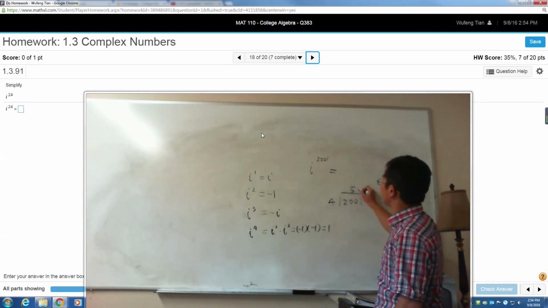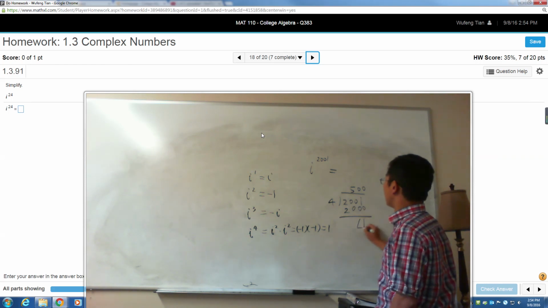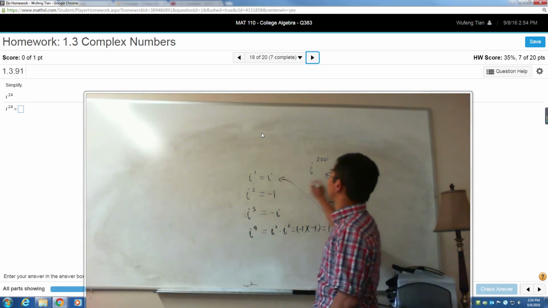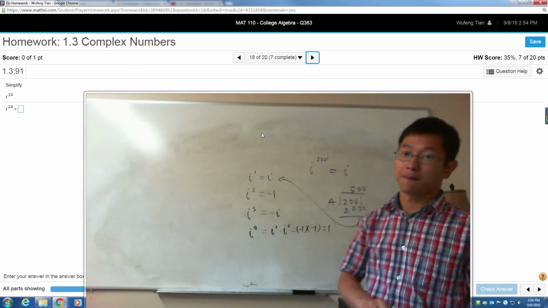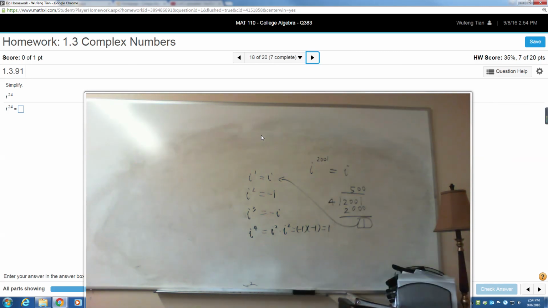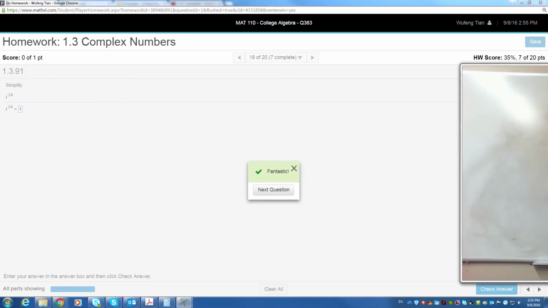So this is 500, it's going to be 2000, and then the remainder is 1. So it goes back to here, so it equals i. If the remainder is 1, it's i. If the remainder is 2, it's negative 1. Remainder is 3, it's negative i. Remainder is 4, it's 1.